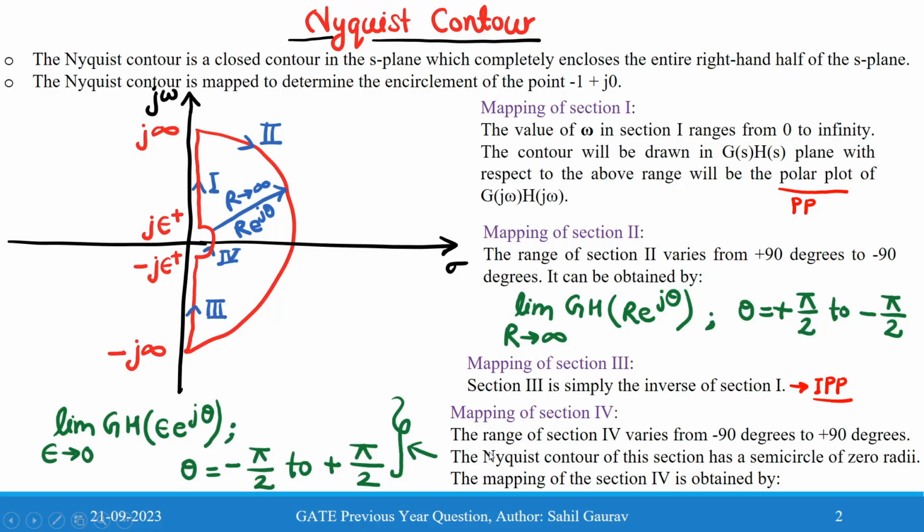So how are we going to map this section? We just replace s by epsilon e to the power j theta and take the limit epsilon tends to 0. So it's similar to the mapping of section 2. Now combining all these mappings we make the Nyquist plot.